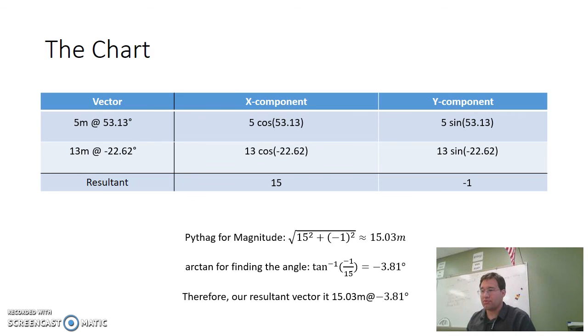So whatever answer you get out, if your x component going in was negative, you add 180. If this was a 1 and negative 15, it would still give me the negative 3.81, but I would have had to add 180 degrees to it, giving us somewhere around 176 degrees.